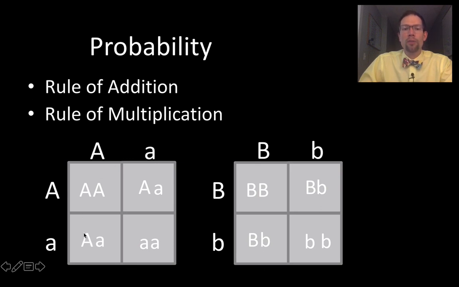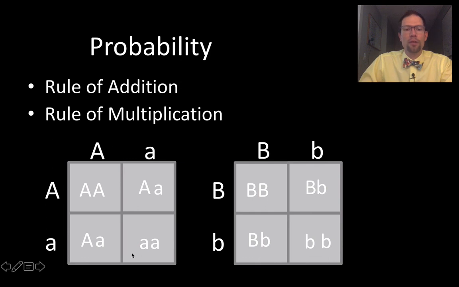Now, the rule of multiplication is saying when two things are independent, so that they both can happen. So in this case, we're going to be looking at what is the probability that I get the recessive phenotype for the A trait when two parents that are heterozygous are crossed, and what the probability of getting the recessive B phenotype as well.